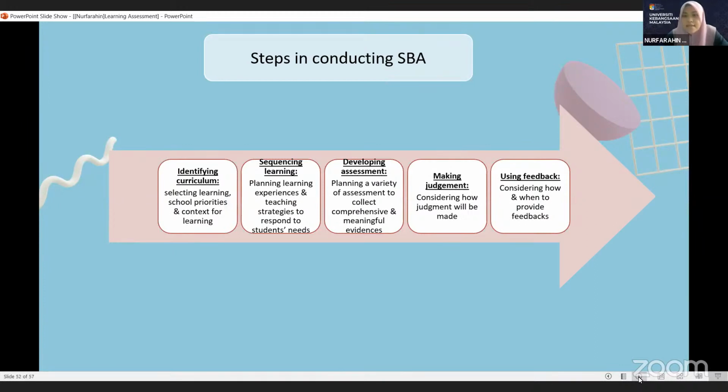And then we need to formulate learning. We plan the learning experiences, and we ensure that whatever teaching strategies we are about to implement correspond to the students' needs.